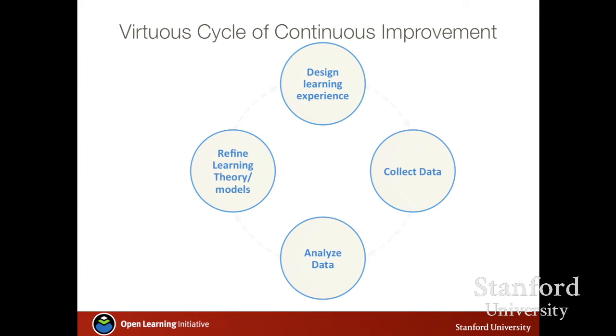We use that to inform the design of the learning experience. We design the learning experience mediated by the technology to do what the technology does best, which is collect data. We analyze that data to refine our learning theory and models to redesign the environment, and we set up this virtuous cycle of continuous improvement. That's my argument for why it's the data collection capacity that is really the big power that's going to transform education.